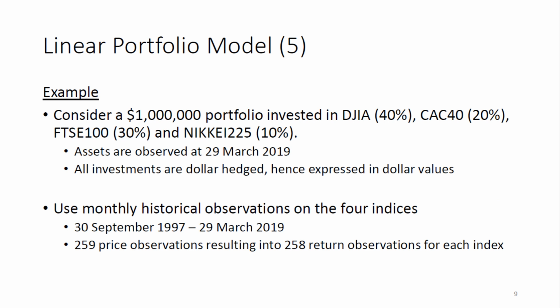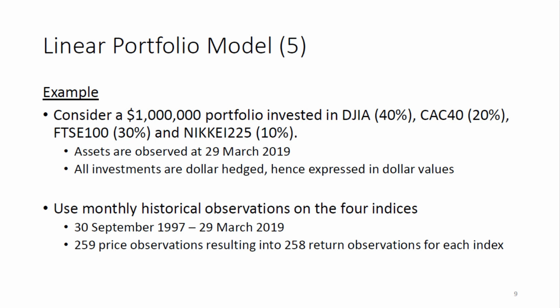So let's apply this simple linear model to a real life case. We look at a portfolio which, at 29th of March 2019, so last month, is worth 1 million.